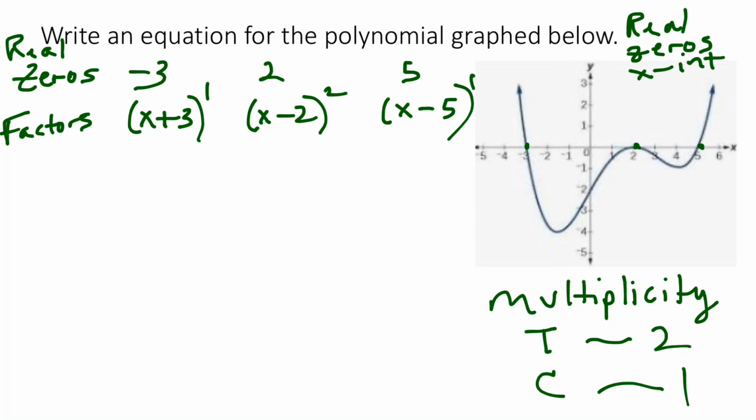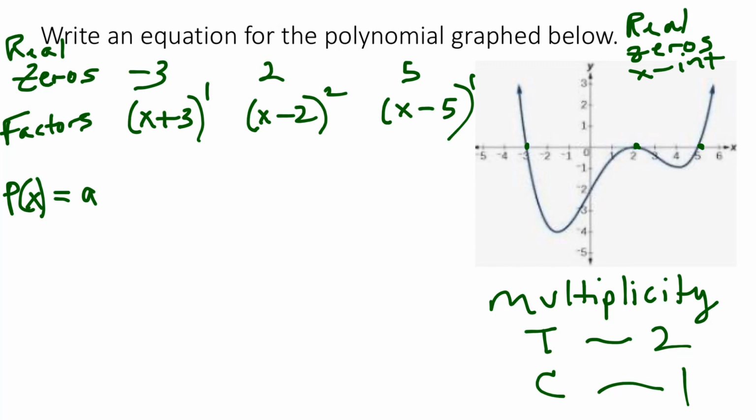All right, now I can write my polynomial. I put a variable in here because I don't know what the coefficient is that's going to cause my peaks and valleys and my y-intercept to be correct. I still need to figure that out.